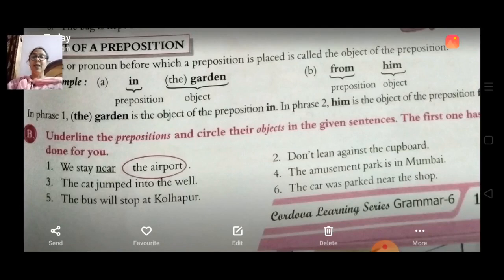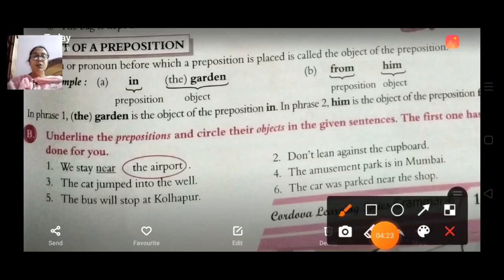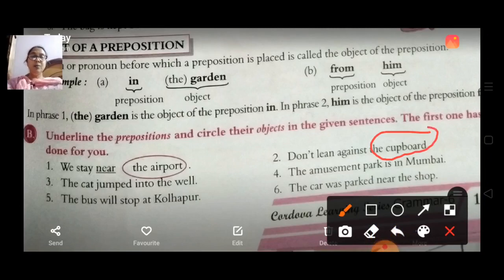This is exercise number B and we are going to solve it. Number 2: don't lean against the cupboard. Now the cupboard over here is the object, and against is a preposition.